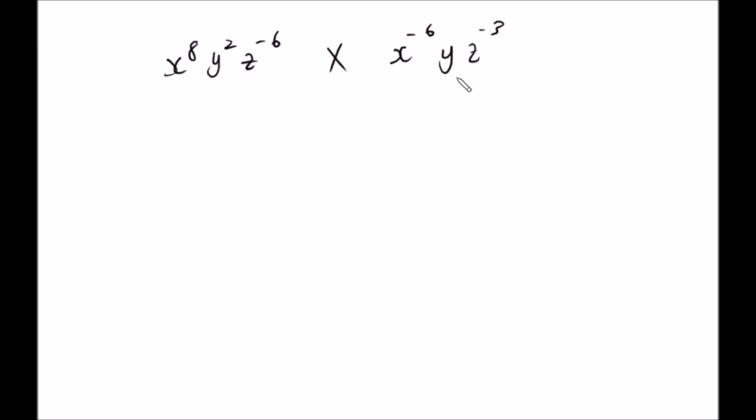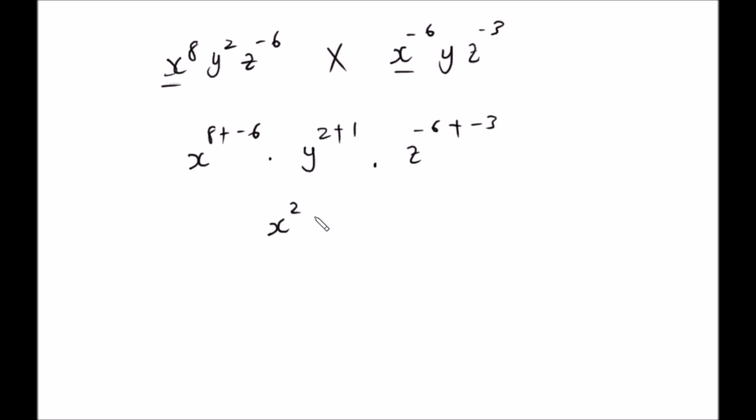So kwenye kugawanya una minus the exponents au the index. Kwenye kuzidisha unajumlisha the exponent. Kwa 8 plus negative 6, so unaona x power 8 x power negative 6, y 2 plus 1 alafu z negative 6 plus negative 3.